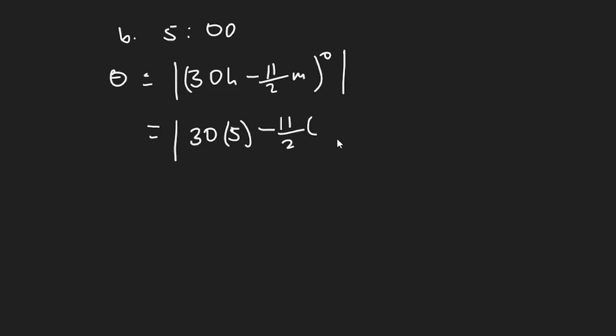The minute here is 0. This gives us 30 multiplied by 5, which gives us 150 degrees, and automatically the other term is 0. So the angle between the minute hand and the hour hand when the time is 5 o'clock is 150 degrees.